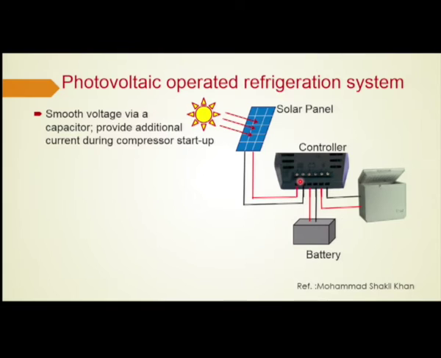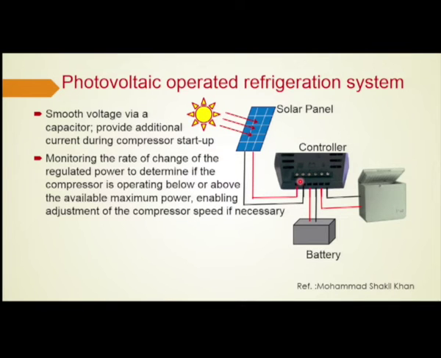And the next one is monitoring the rate of change of regulated power, whether the compressor is operating below the maximum power or above it, because the compressor and other electrical equipment should be operated below their power ratings. If operated above the rating, it will lead to hazards like fire in the electrical equipment.